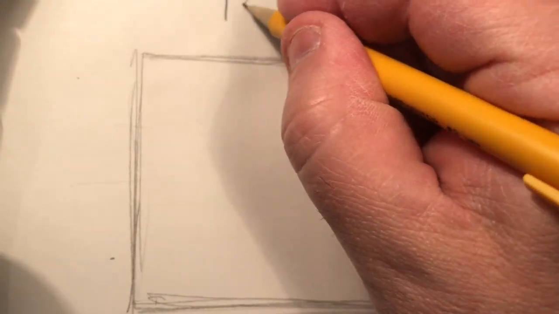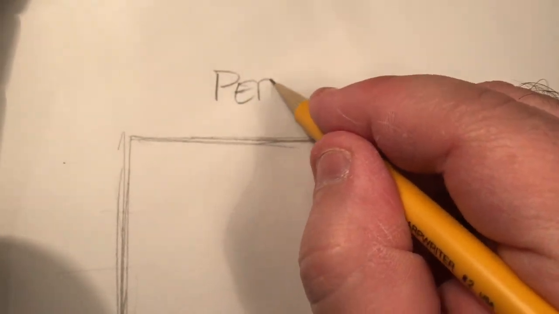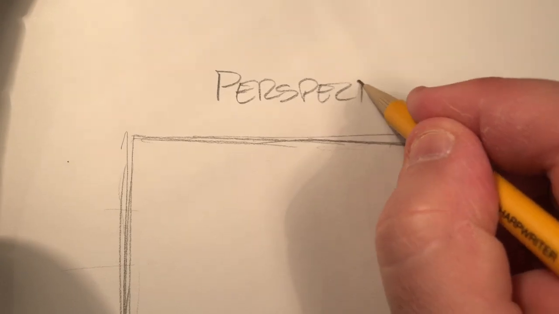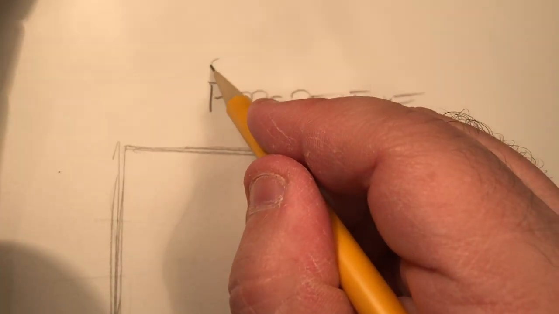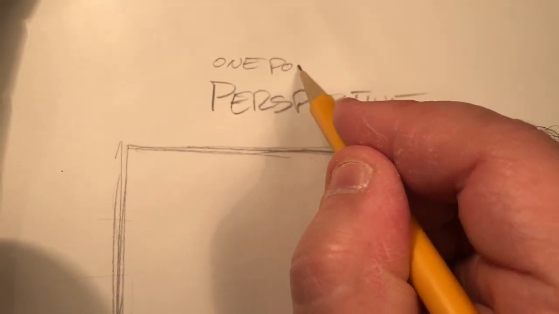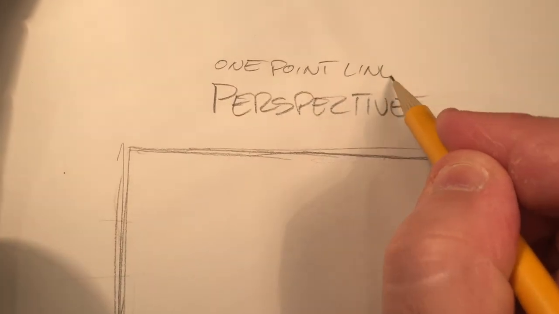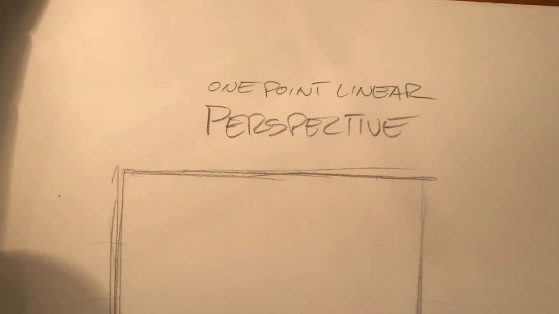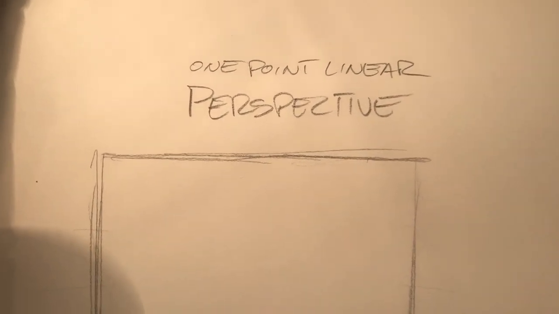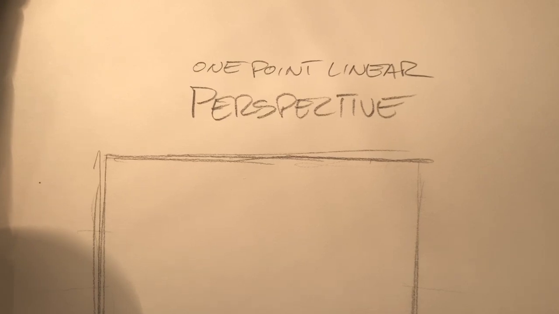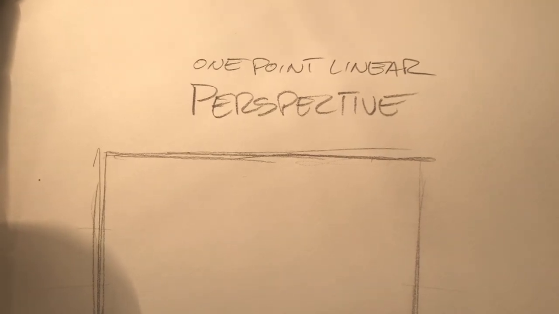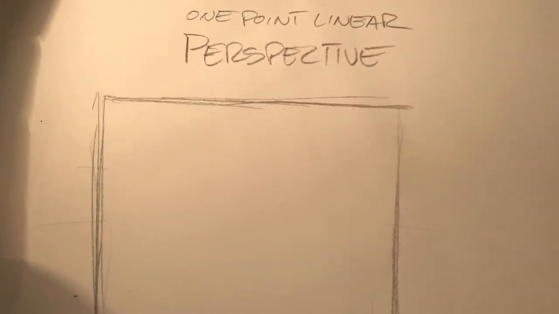Okay. So we have a square here. Once again, we're talking about perspective, and we're going to speak specifically about 1-point linear perspective. There is 2-point, there's 3-point, there's 5-point, which is actually curvilinear. But we're going to ease our way into this pool slowly.